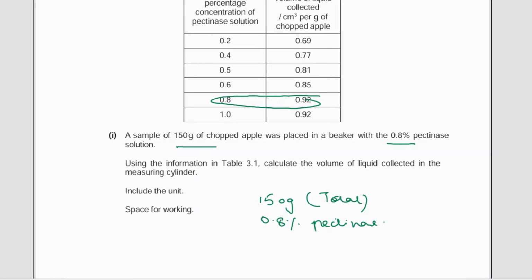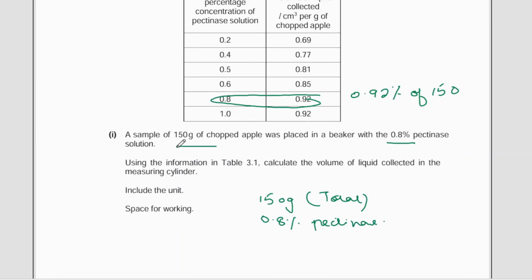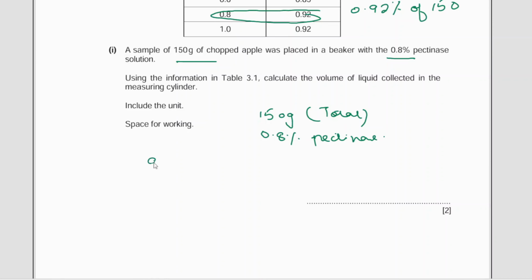What is 0.92 of 150? Wait, its percent is also written. So what would be the volume? It would be 138. You have to multiply it with 100.